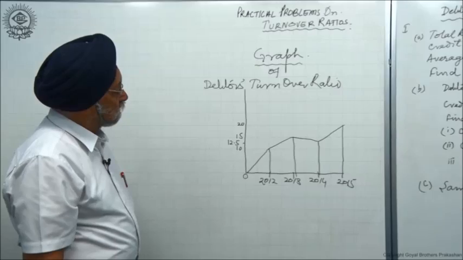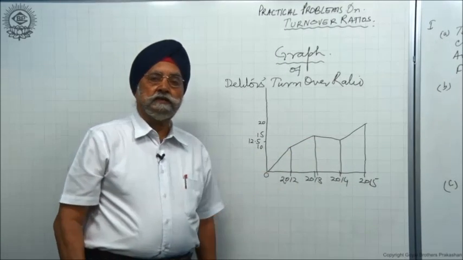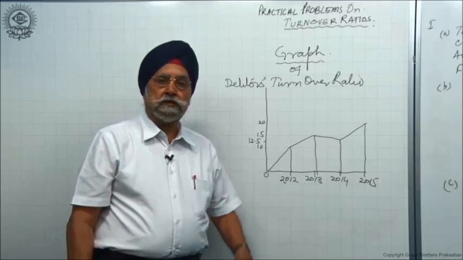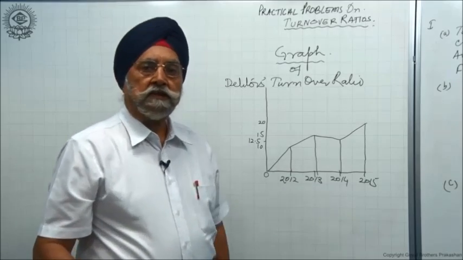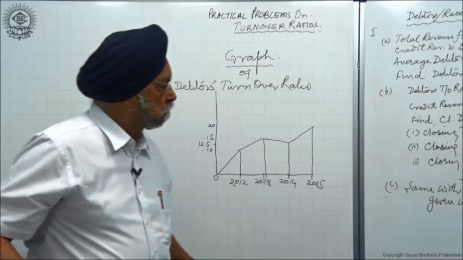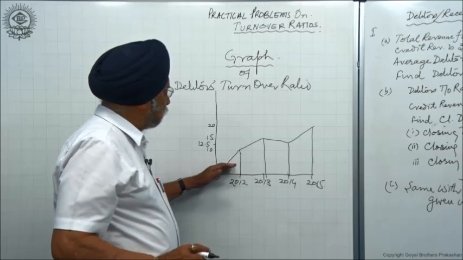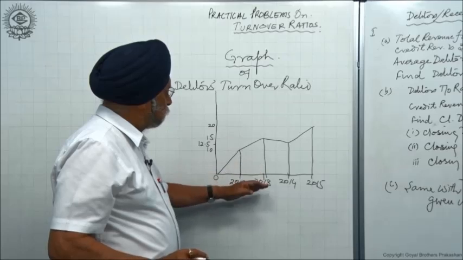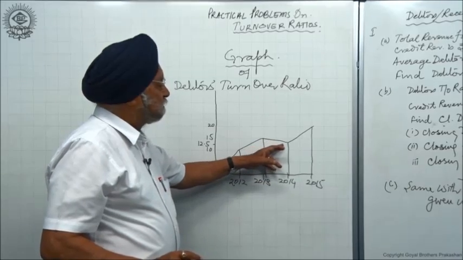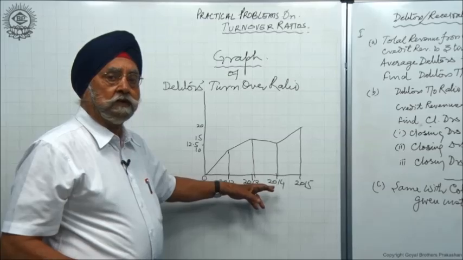This is debtors turnover ratio, which indicates the progress of turnover ratios, and you know the increasing turnover ratio is always good. It was showing increasing turnover ratios up to 2013, then it slightly came down and the sales manager became cautious.